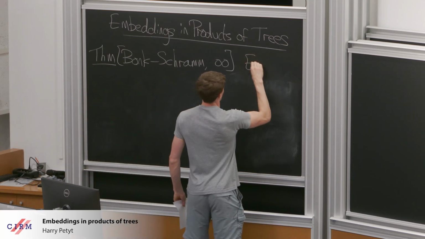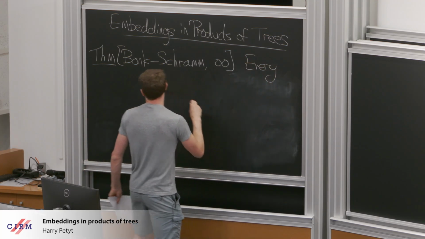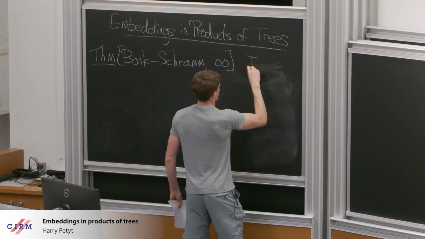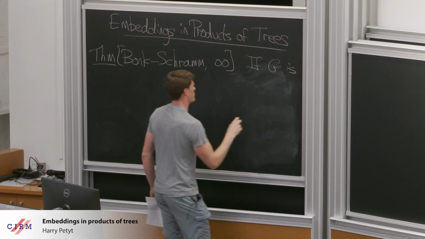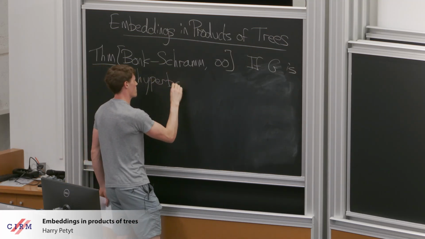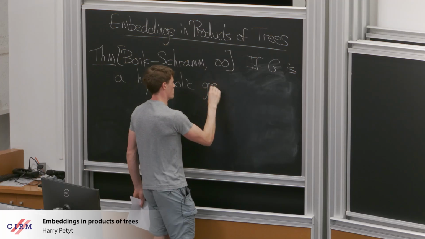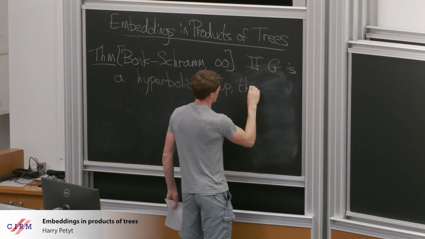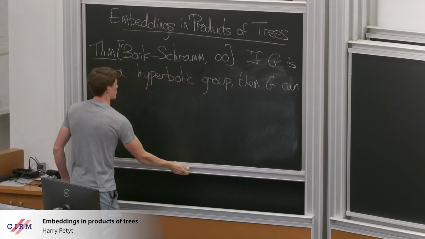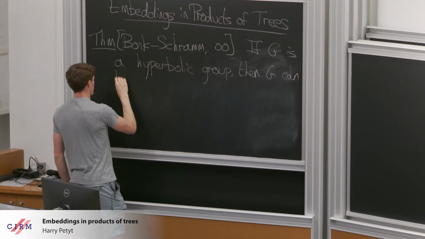So if G is a hyperbolic group, then G can be quasi-asymmetrically embedded in the standard hyperbolic n space.